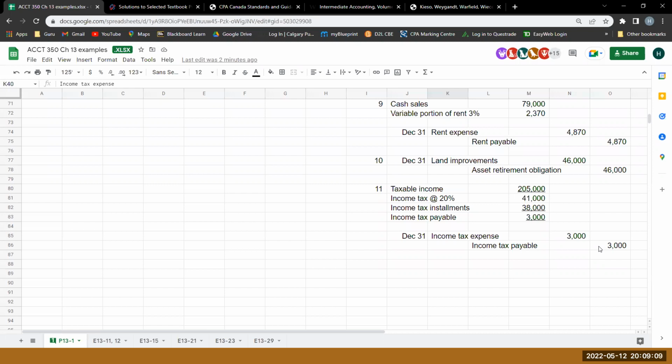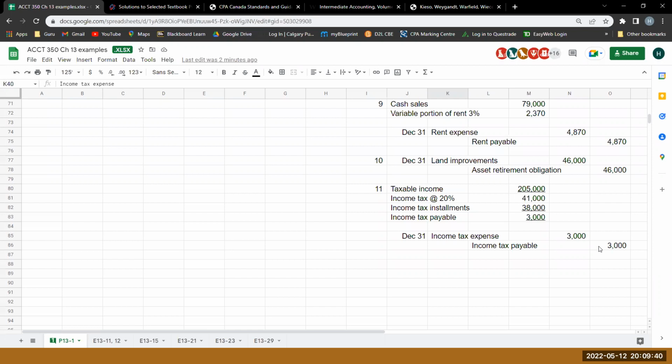Something that you have to keep in mind, folks, is that accounting standards tell you how you need to report something, right? So ASPE, IFRS, these are standards that tell you how, when you're preparing the income statement and balance sheet, you should present the item. How you actually record the debits and credits is not something that the accounting standards tell you.